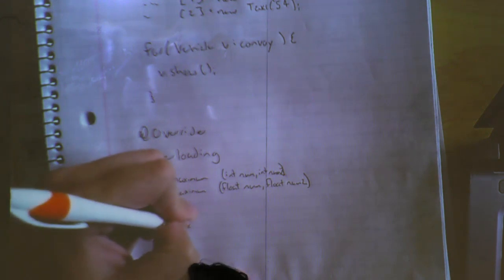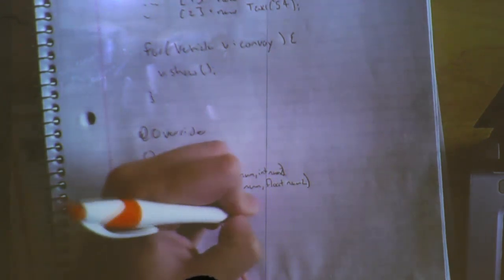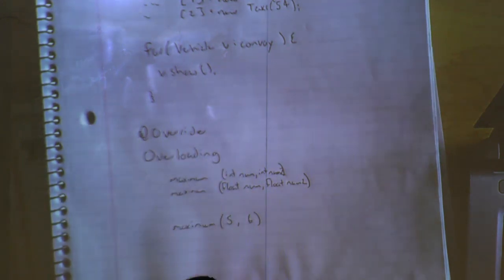You don't need to do anything special to make it happen. Just if you write maximum and you give it two integers, it's going to call the one that works with two integers, and so on.